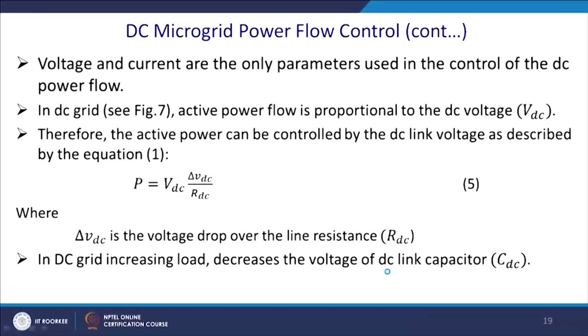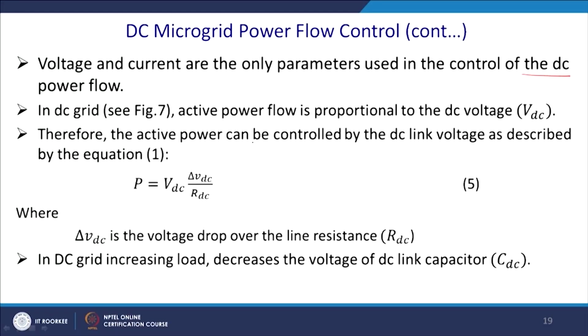Now, voltage and current are the only parameters used to control the DC power flow. In a DC grid, the active power flow is proportional to the DC voltage, that is V_DC.